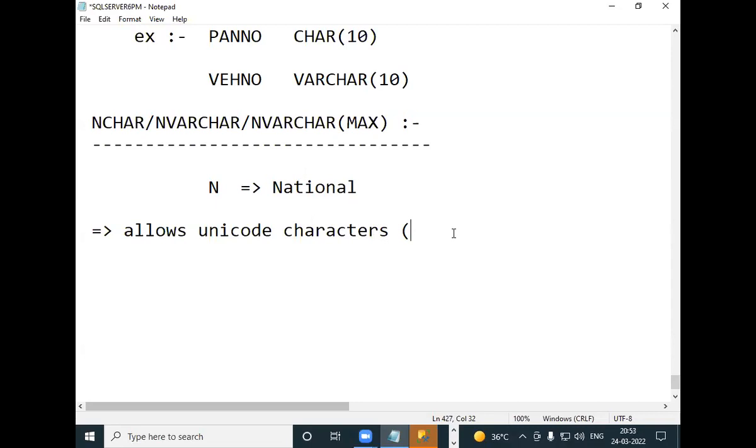Total, how many Unicode characters are there? 65,536 characters. ASCII has 256, Unicode 65,536, which is big.